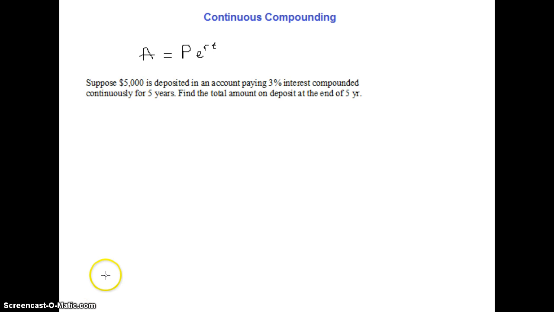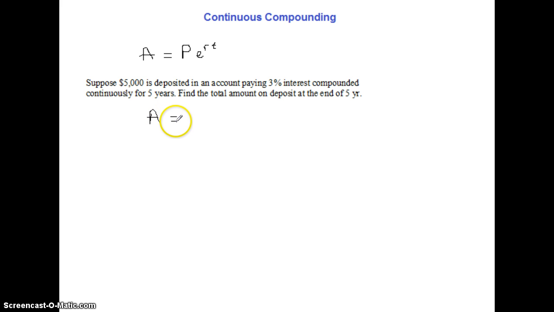Let's see the following example. Suppose $5,000 is deposited in an account paying 3% interest compounded continuously for 5 years. Find the total amount of deposit at the end of the 5th year. We're looking for A, the accumulated amount.